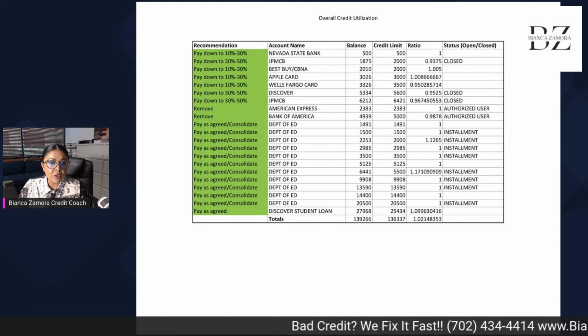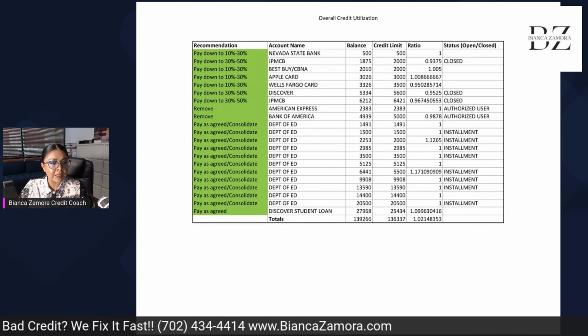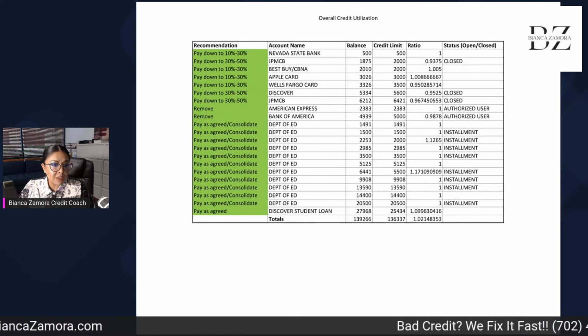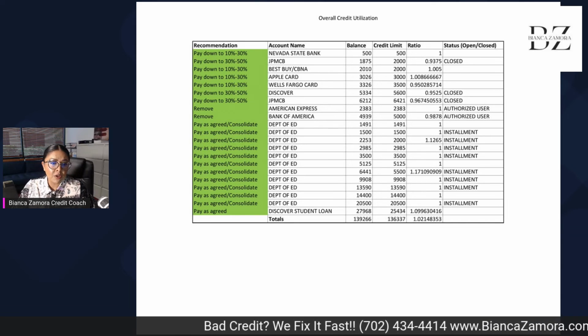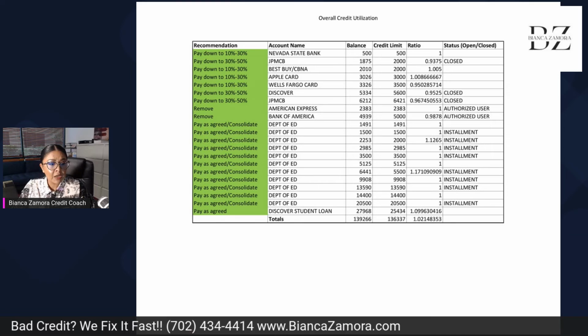If you notice, we haven't really talked about loans, and that's because loans don't really affect your score in the same manner as unsecured credit cards. For loans, you're just going to try to pay those off over time. There are also other ways to do things like a consolidation or a refinance.